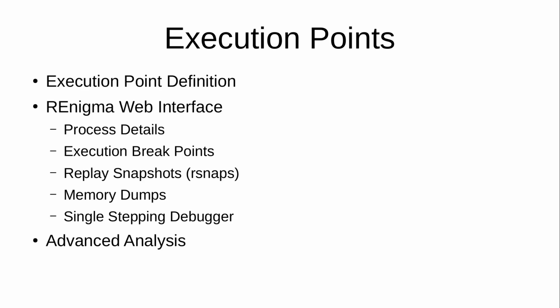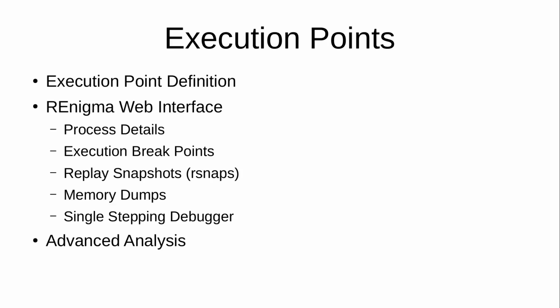One such action is to create a replay snapshot, or RSnap, to allow you to quickly load this execution point in the future. You can think of RSnaps as a bookmark during a recording, and you can create as many as you need to assist your analysis.